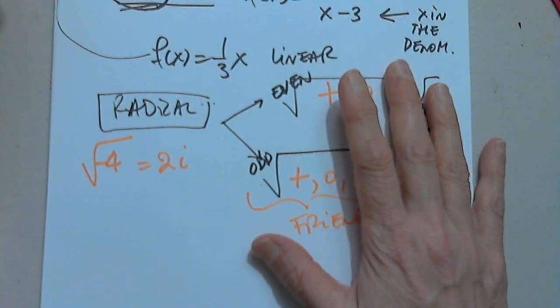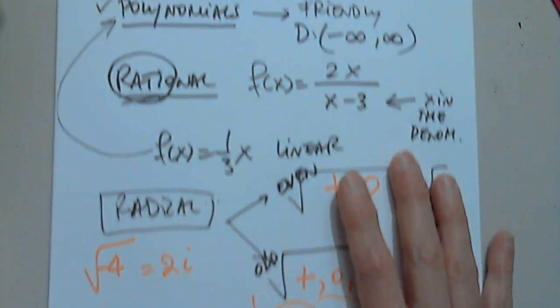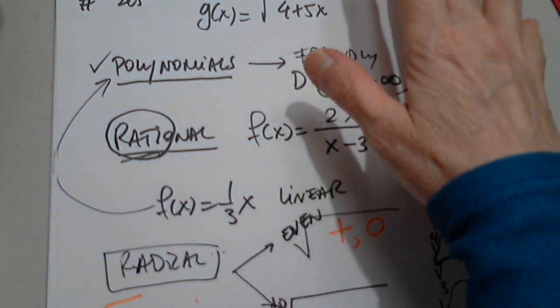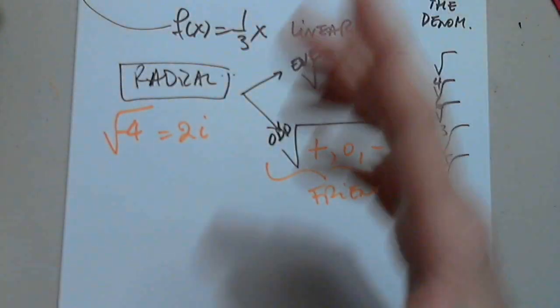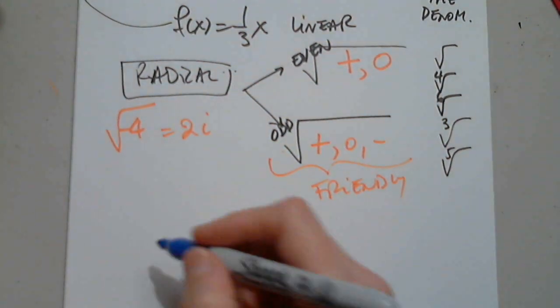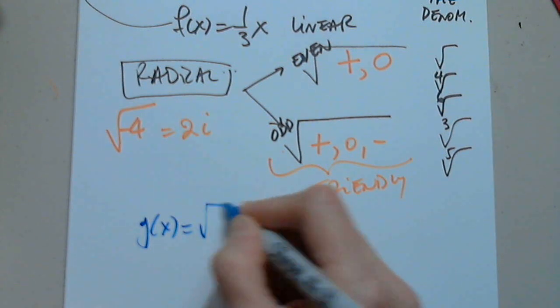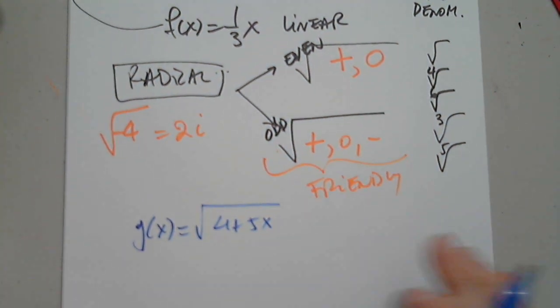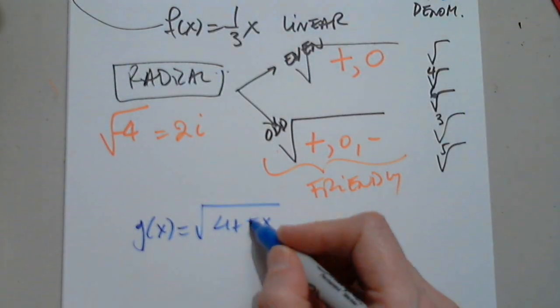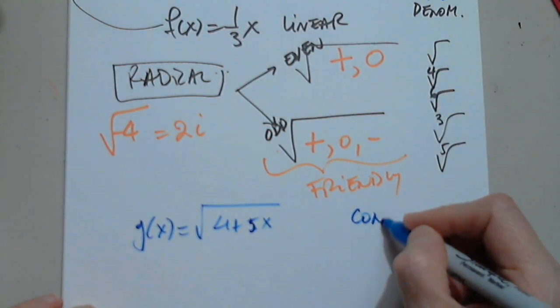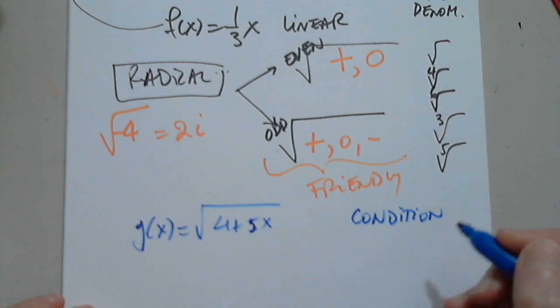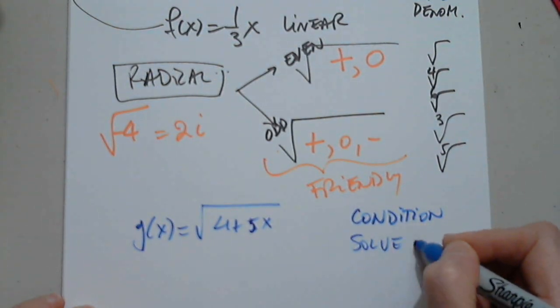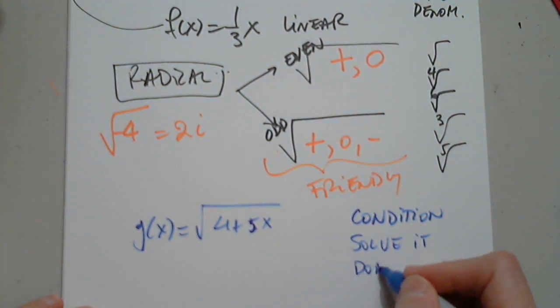Keeping this in mind, this is a very important topic. I go back here and I copy the function one more time because I don't have enough room there. So here's our function. Anyone would like to say anything about what I should write? I need a condition, and then I need to solve it, and then I'll get a domain.